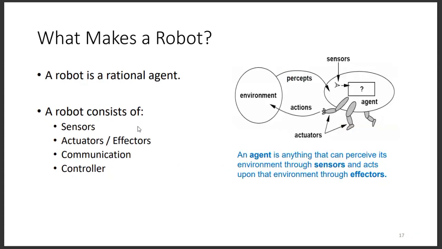What makes a robot interesting? What is a rational agent? We will see that a robot consists of sensors, to provide the sense.